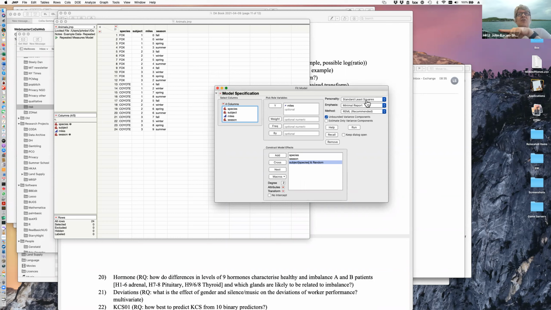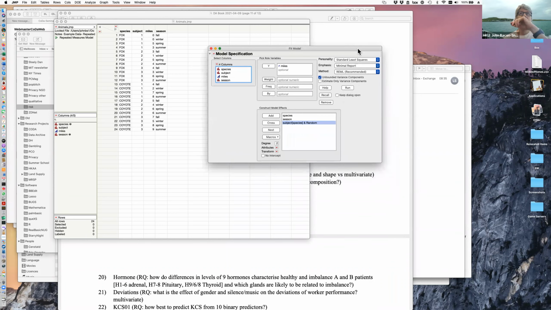Now you'll notice that JMP has changed the analysis up in the right-hand side. So it still says standard least squares, but the method, you will see it says REML and EMS. So what does this mean? REML is the recommended method. This is restricted maximum likelihood.